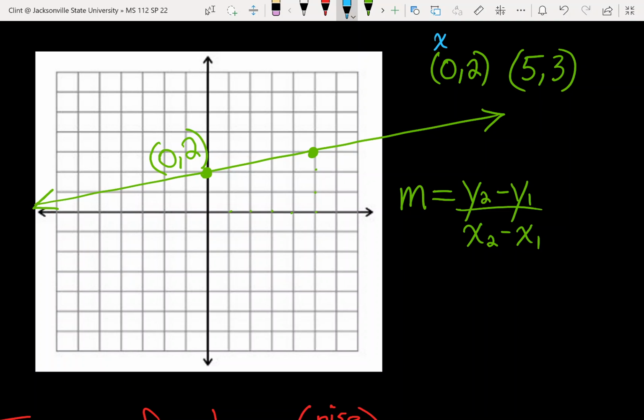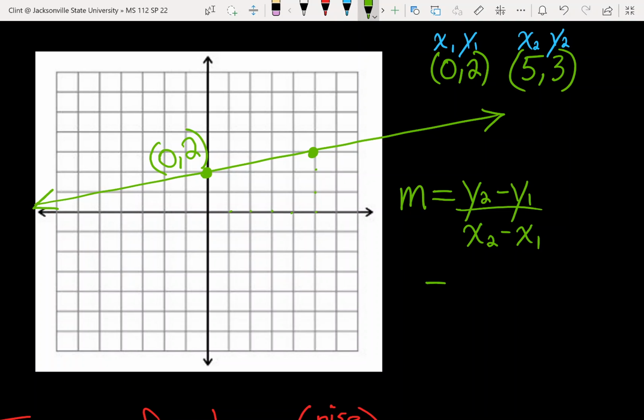So it's a good habit to label these. So that's x1, y1. This one's x2, y2. If you want to switch them and call the first one x2, y2 and the second one x1, y1, that's fine. We just need to commit to one of them being point 1, one of them being point 2.